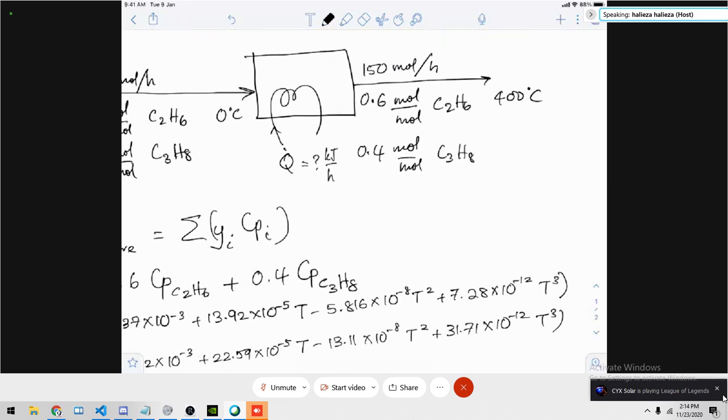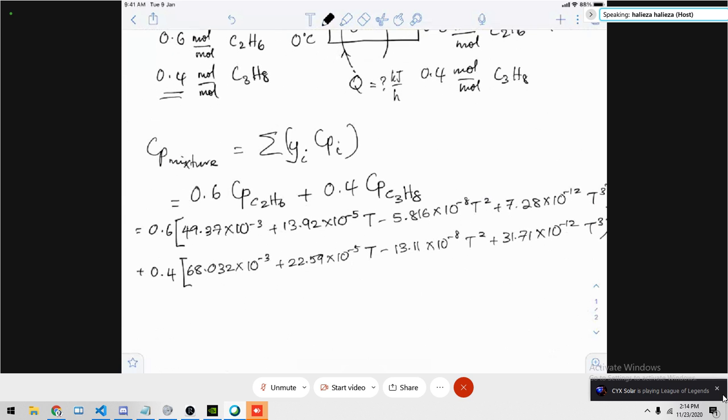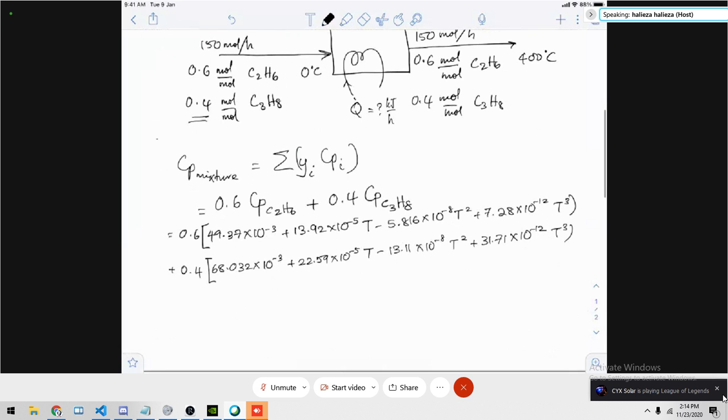So you need to multiply it. And I'm not going to do the calculation. I'm just going to go straight into the solution.